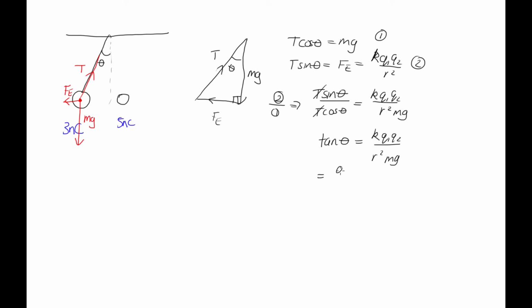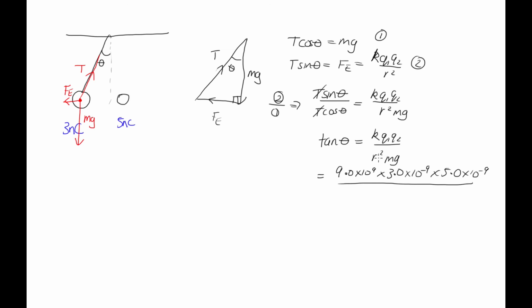So k, that's Coulomb's constant, 9 times 10 to the 9. Q1, that's the charge on the ball, which is 3 nanocoulombs, so it was 3.0 times 10 to the minus 9. And then Q2, that's the point charge, which is 5 nanocoulombs, so 5 times 10 to the minus 9.